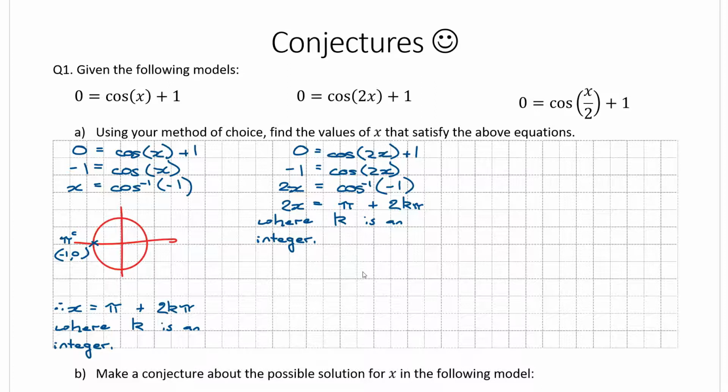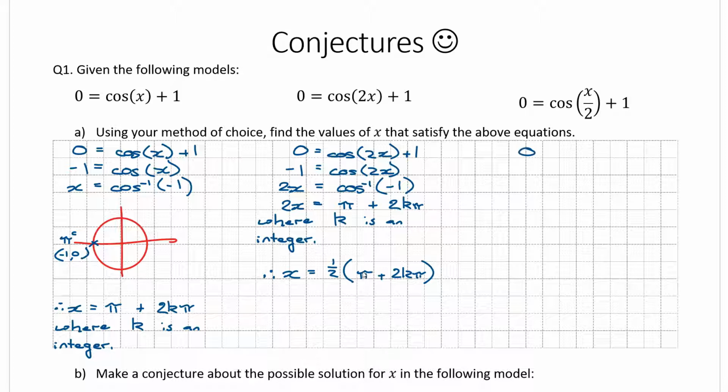But we're not done quite yet, because this is 2x equals pi plus 2k pi. What we need to do is find it in terms of x. So we can go 1 over 2 of pi plus 2k pi. And we'll leave it at that. So this would be the values of x that satisfy the equation for model 2.